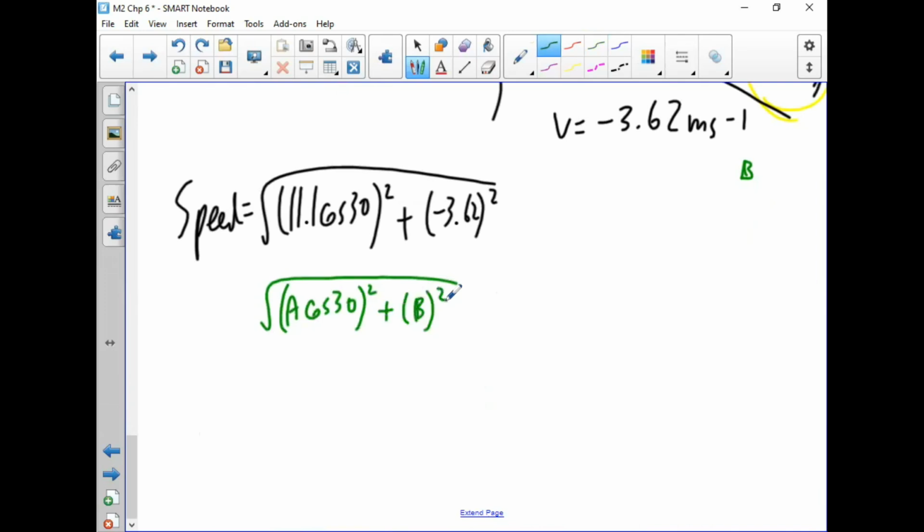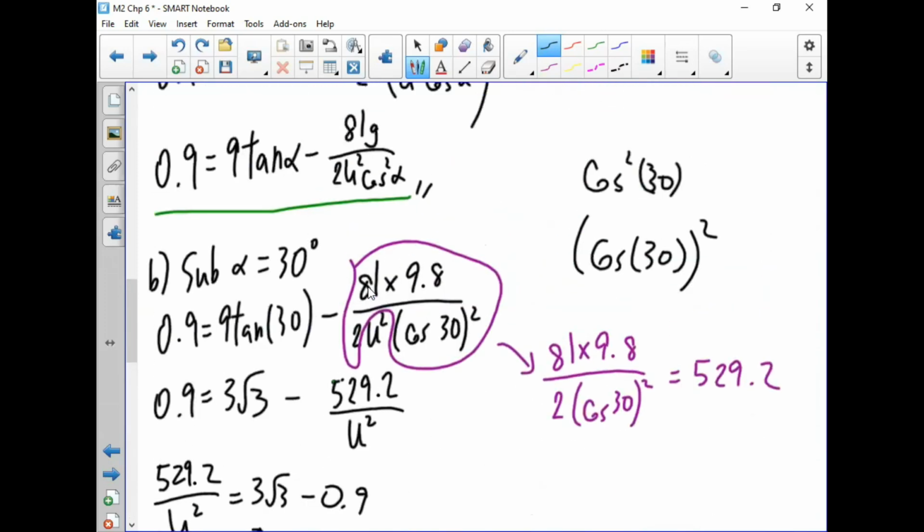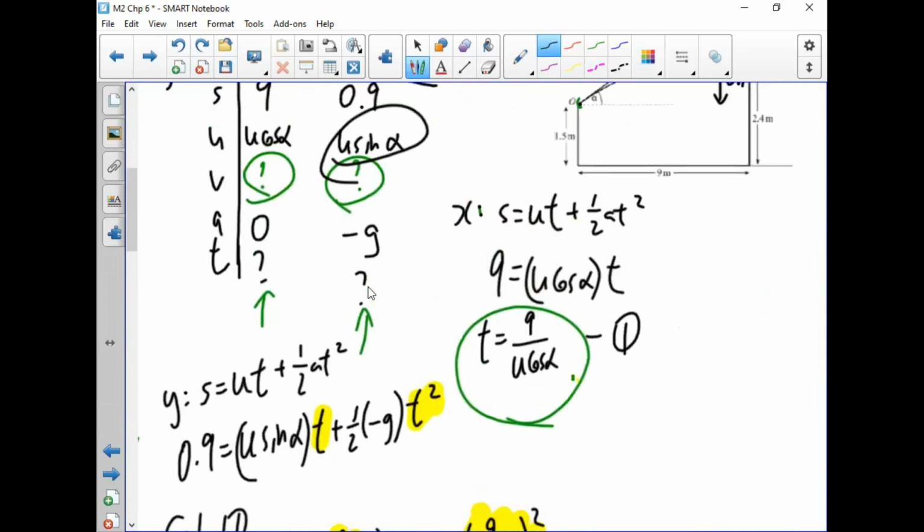That's what I'll put in the calculator. And hopefully you get your 10.3 meters per second. And that's not an easy question. That's why this exam question tricked a lot of people. But I hope you understand step by step how it got done. It's quite messy, but if you know what you're doing, you can sort of follow the flow.